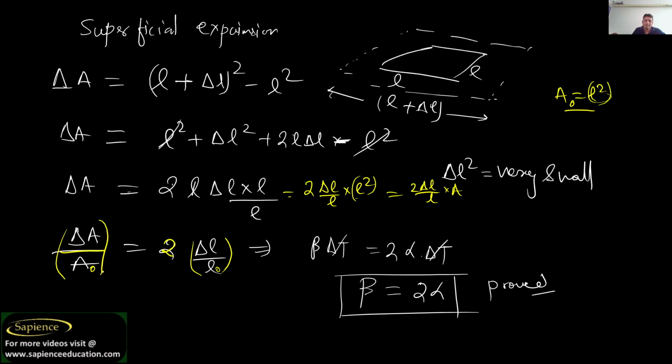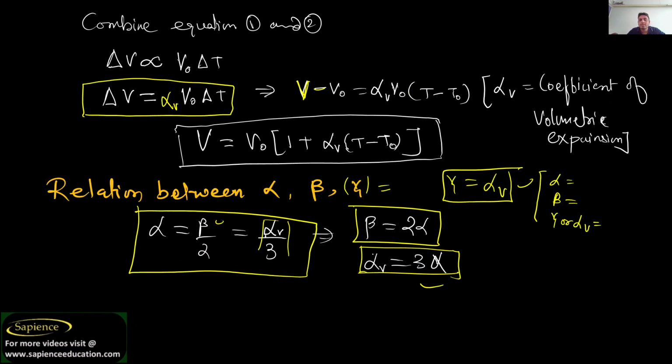Here change in area by original area is equal to beta into delta T, and change in length by original length is equal to alpha into delta T. So delta T got cancelled. So finally we have got beta is equal to 2 alpha. So this is what we were discussing, that we have got the relation beta is equal to 2 alpha.